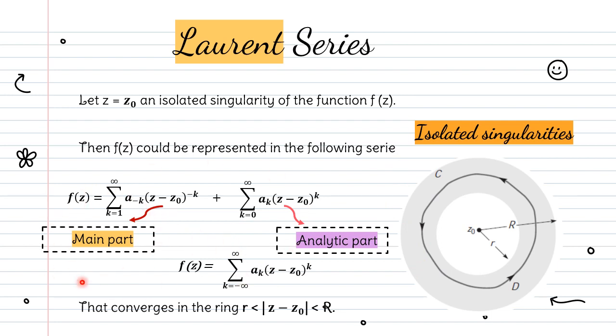The main part is the one that we're going to focus on later on. It's the sum that goes from k equals 1 to infinity of a sub negative k, times z minus c sub 0, raised to that same negative k.